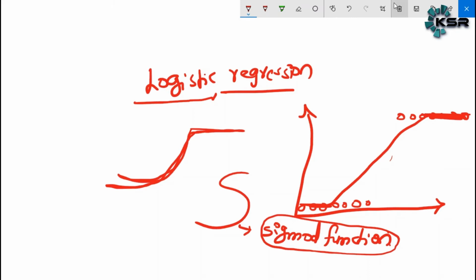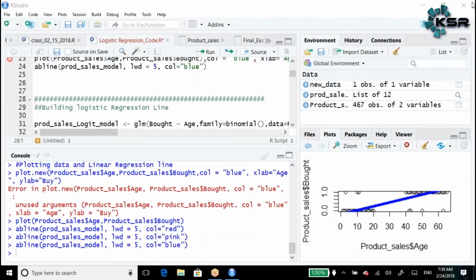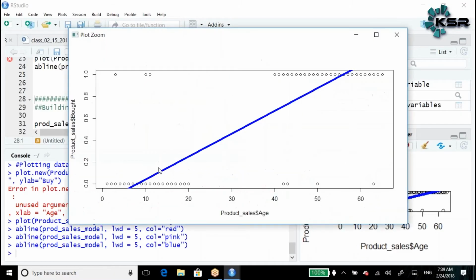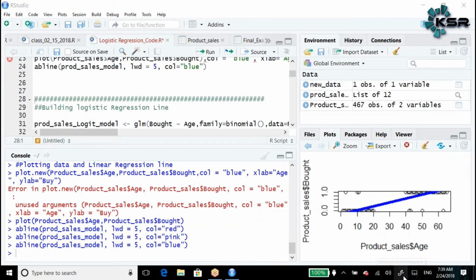As we see in the graph, the values are 0 here, and here the maximum value is 1. It cannot cross more than 1. Does it look exactly like the S-shaped curve? So based on the S-shaped curve, we come up with the sigmoid function.